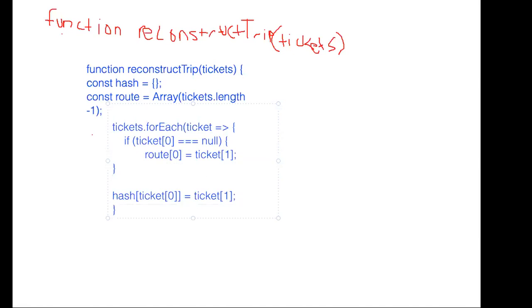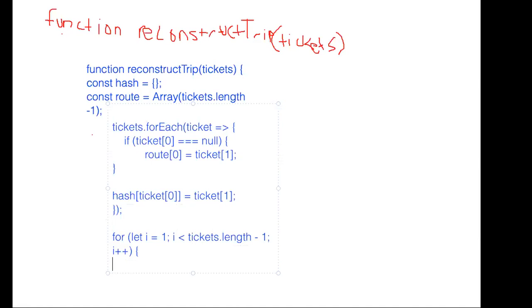Yeah. And then we'll do a for loop to iterate over the array of the tickets. And we'll do tickets.length - 1, i++.